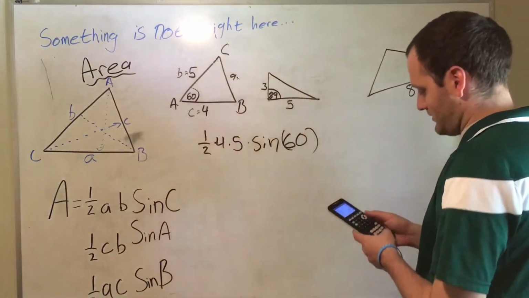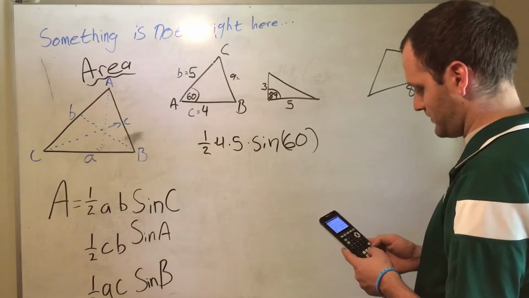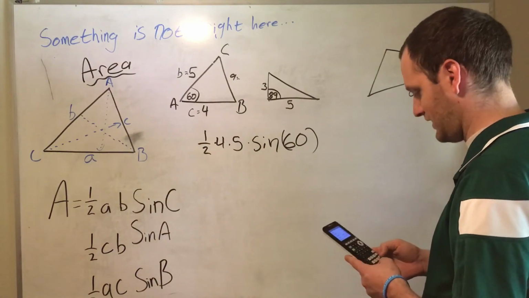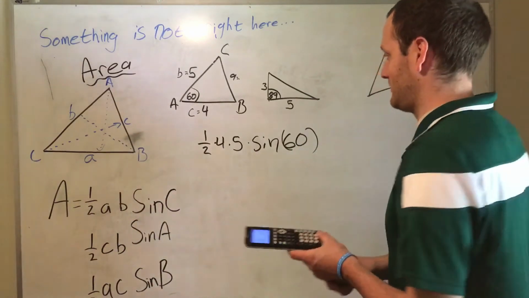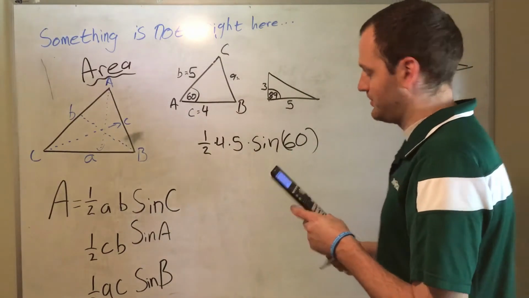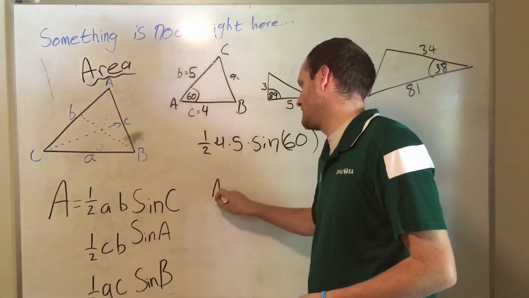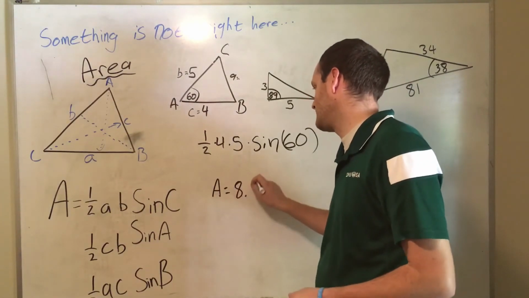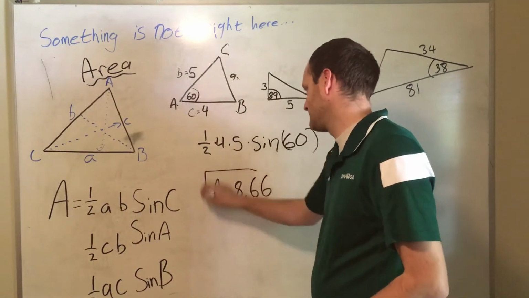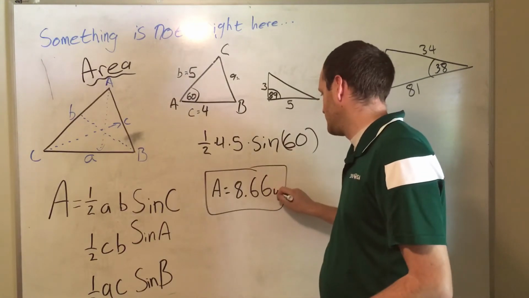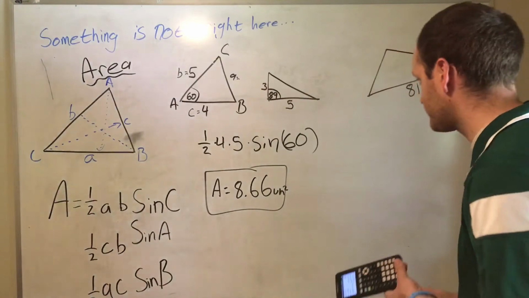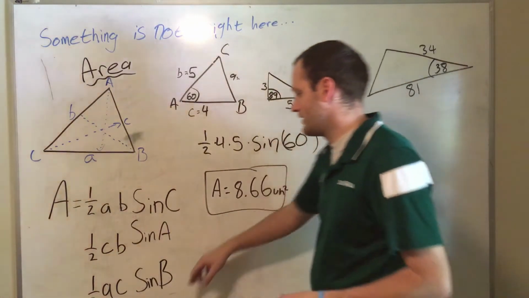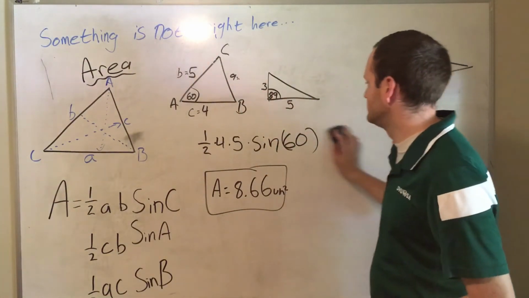So we've got 0.5 times 4 times 5 times sine of 60. Make sure you are in degrees when you do this. And that gives you 8.66. So the area is 8.66 units squared, if you have to. If you need to write that down, pause the video now.